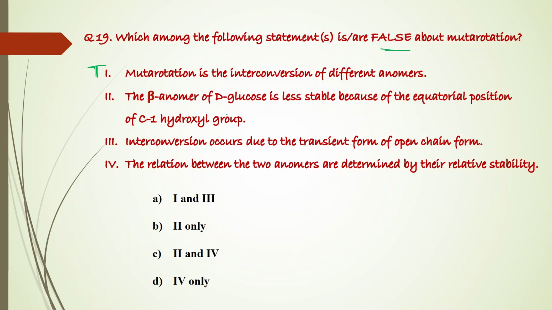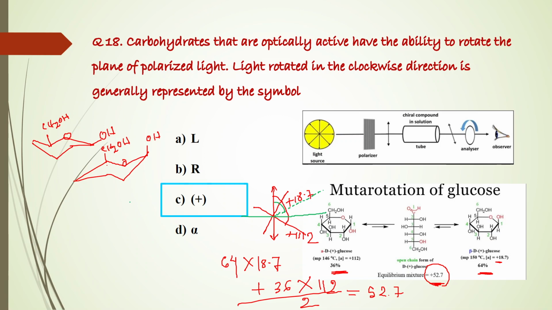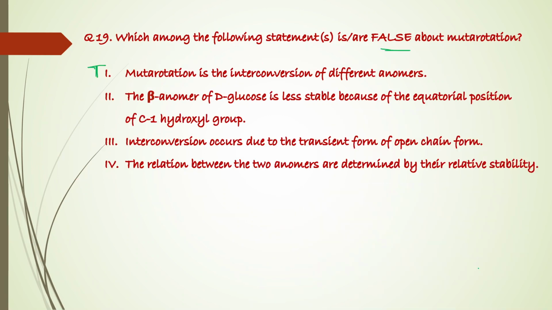Again, in case of the beta anomer, we can already see in the last slide that the beta anomer was present at 64%. If the beta anomer was less stable, then it would not have existed in the beta form at 64%.